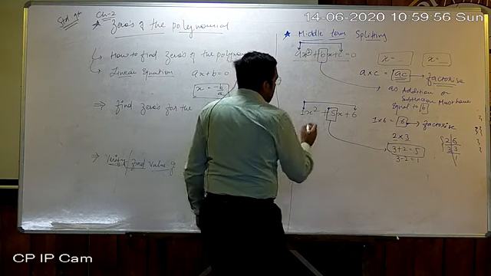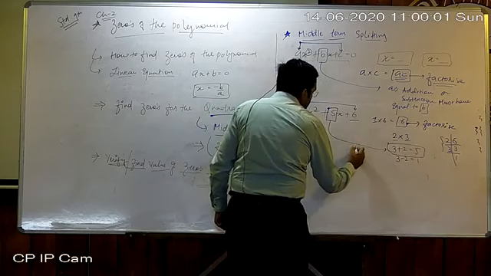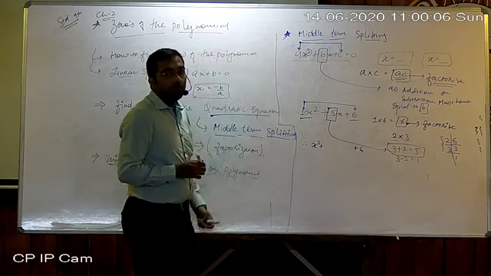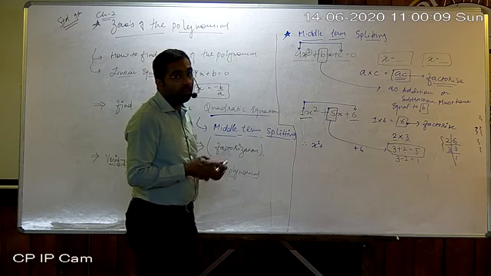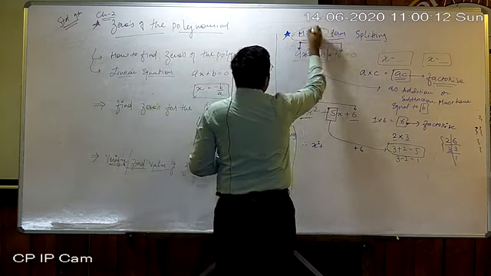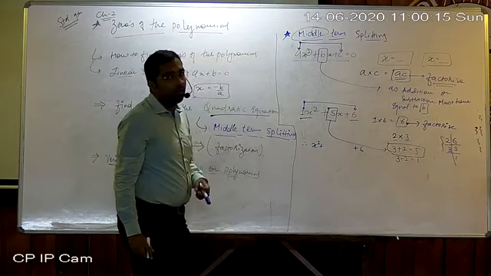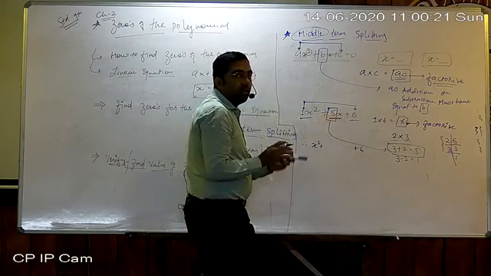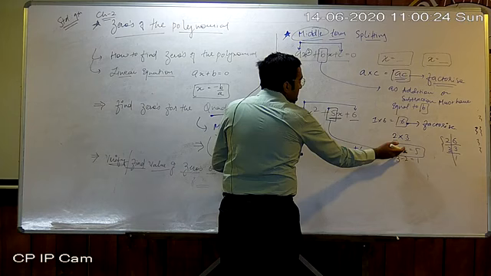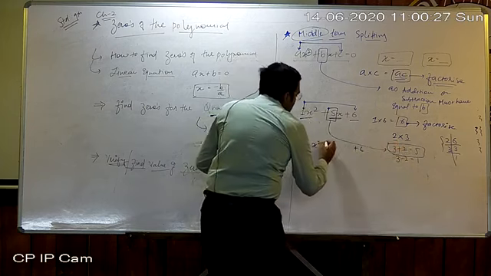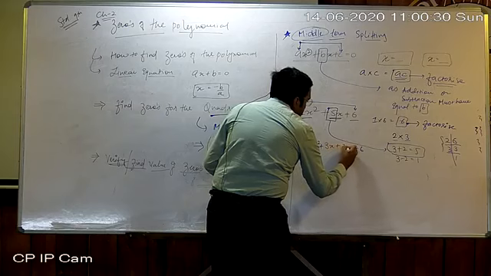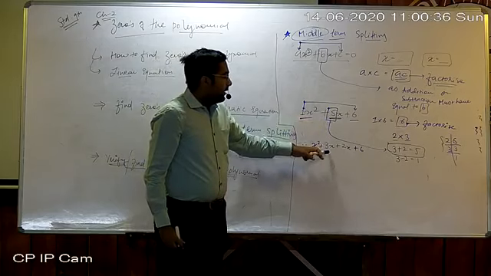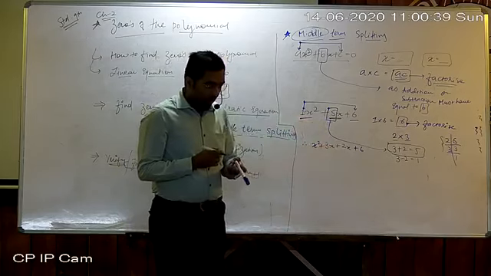As per the name of the method, middle term splitting. Okay. Now what is my middle term? 5x. Then we have to split it as 3 and 2. So I'll write 3x plus 2x. I'll split 5x into the two terms, 3x and 2x. Okay.